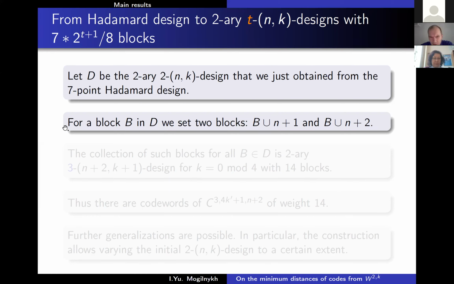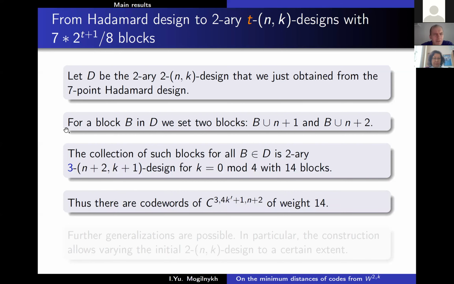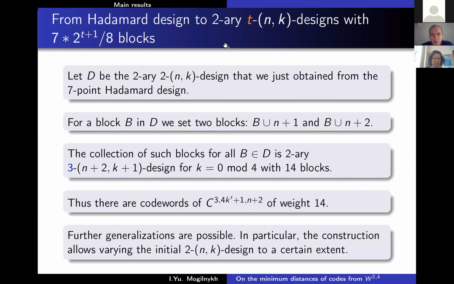So I give a particular case of a construction, actually, for T equal to 3, but also several generalizations could be made. So we start with the design that we have just constructed.